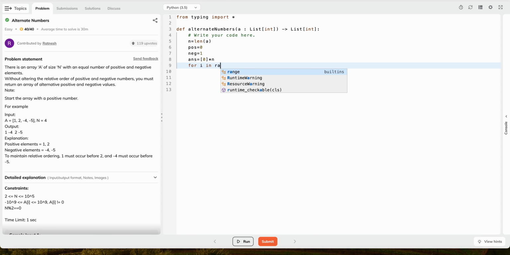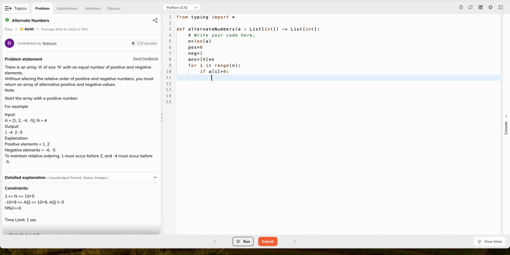For i in range n, if the element encountered is a positive element, we are going to place it at the positive position, at an even position.